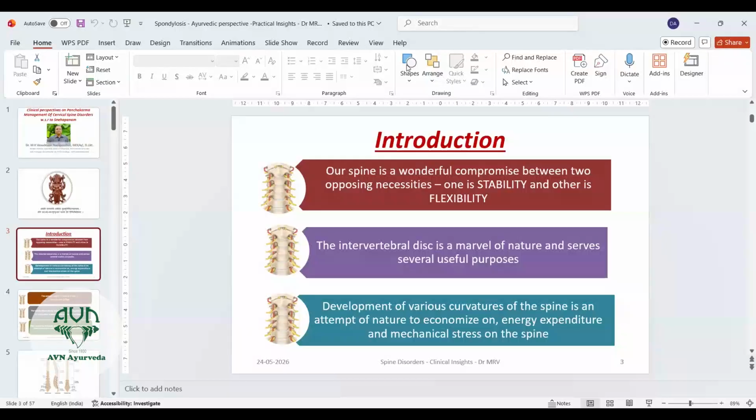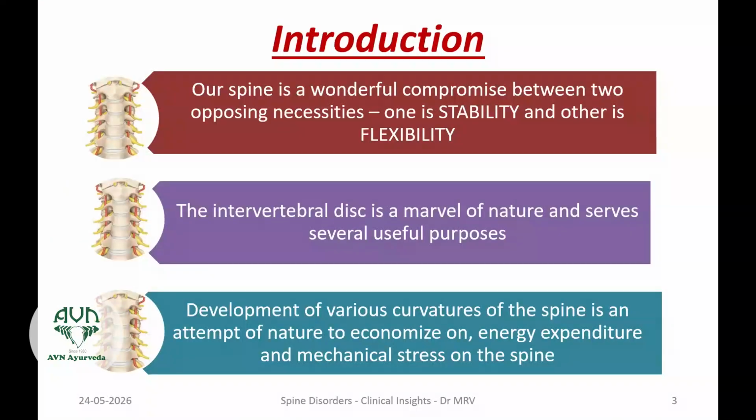But in the case of the vertebral column, both flexibility and stability are there. It is a wonderful compromise between opposing necessities. The intervertebral disc is a marvel of nature and serves useful purposes, because it acts as a bush for the vehicle.